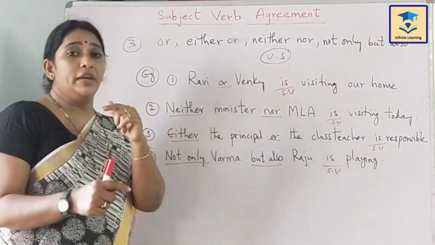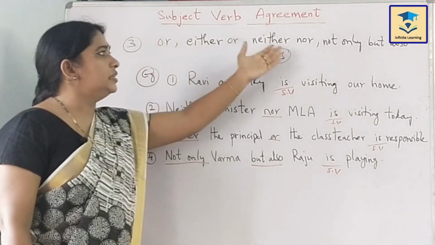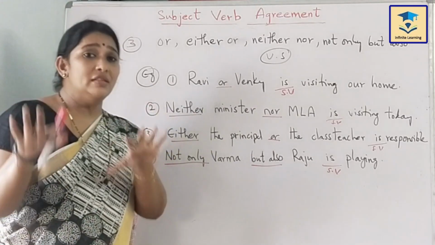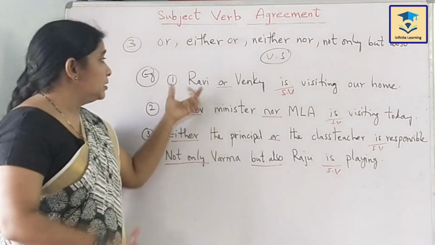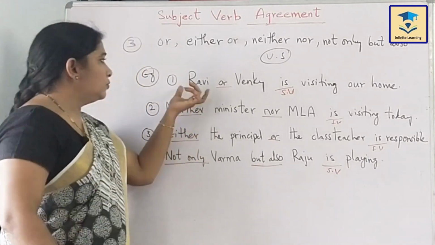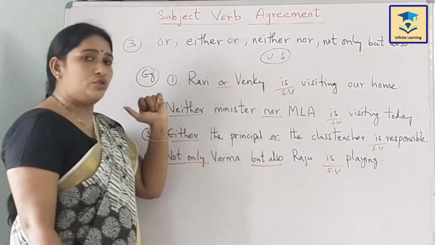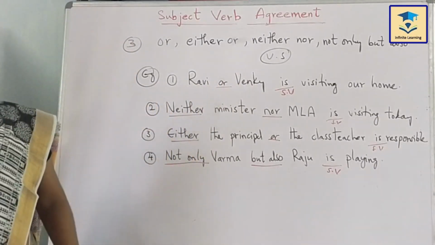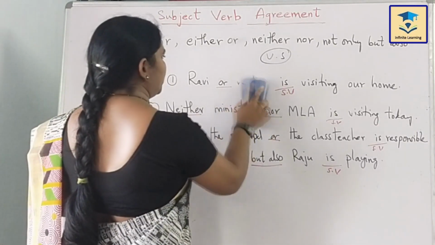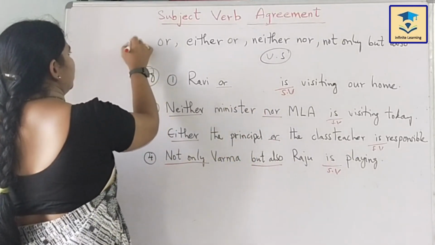All the subjects are singular here. But if you get any plural among these two, in the same case, or, either or, neither nor, not only but also, then how do you have to consider it? This is the fourth rule I am going to give you now.